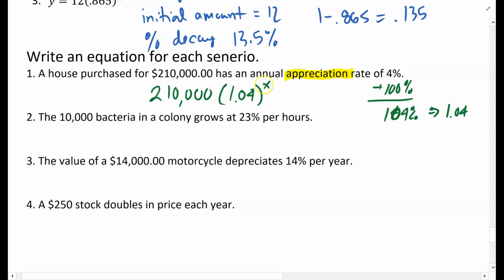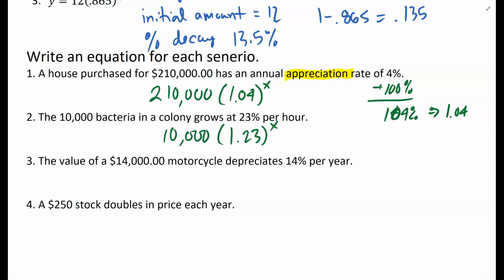So that would be our equation. We have 10,000 bacteria in a colony that grows at 23% per hour. We don't need hours, it's per hour. So we would have 10,000, and it's growing, so 1.23 would be our multiplier.